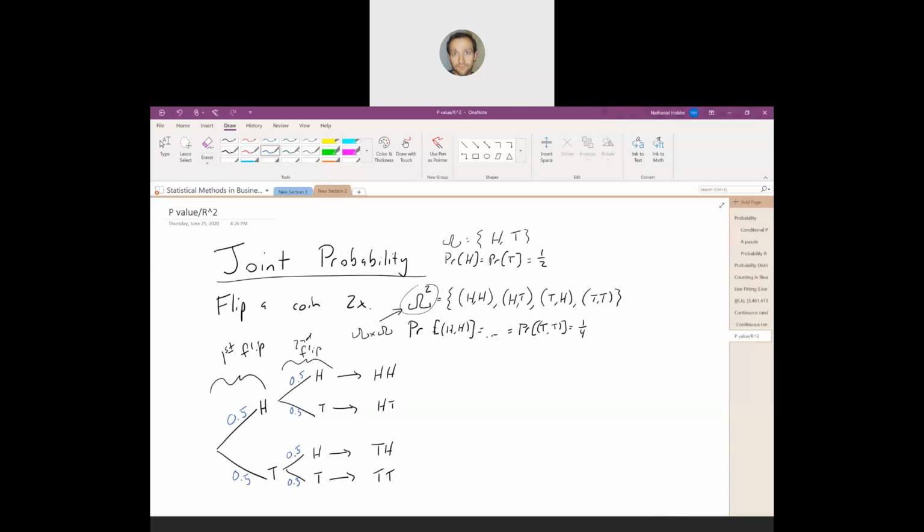And the way that you get these probabilities is you multiply. So 0.5 times 0.5 equals 0.25 for all of these. So you multiply these to get this. You multiply these to get this. Multiply these to get that, 0.25.